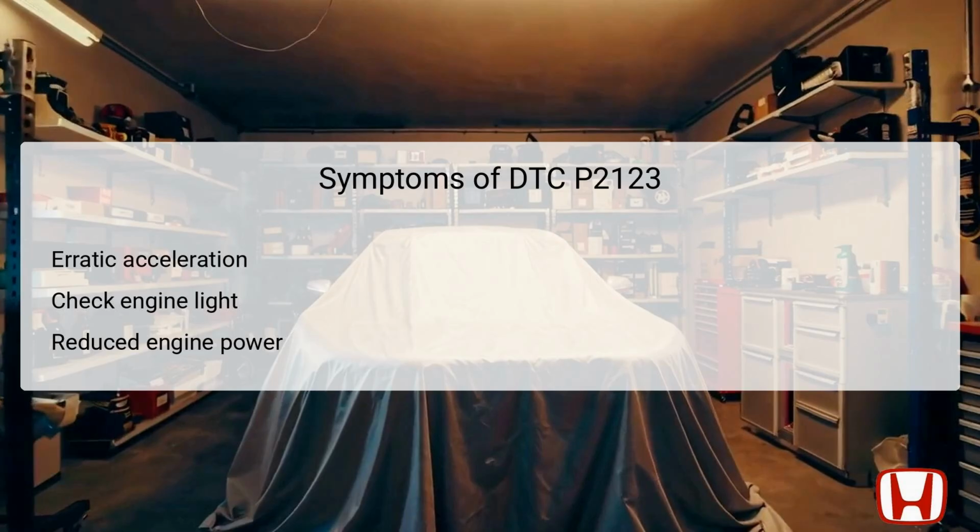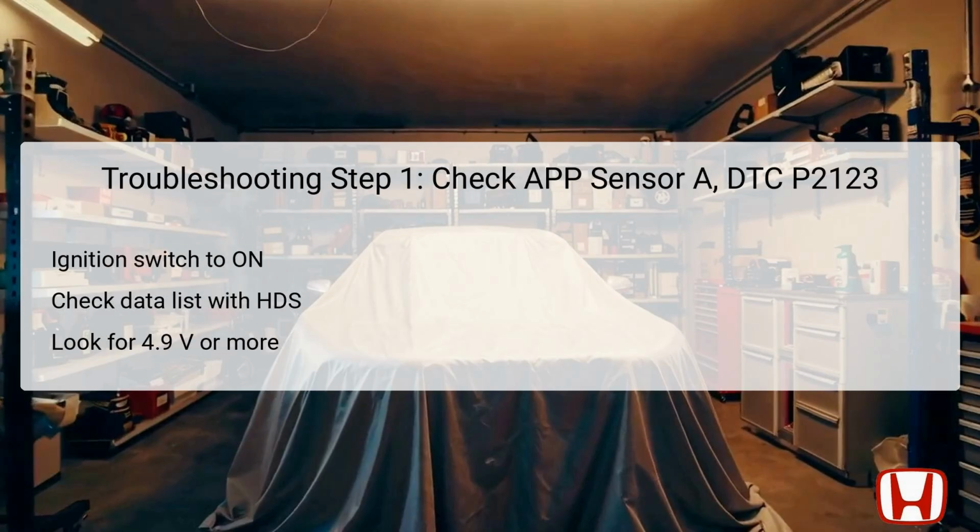For troubleshooting the P2123 DTC, the first step is to turn the ignition switch to the on position, or 2, without starting the engine. Next, utilize the Honda Diagnostic System, HDS, to check the APP sensor A readings in the data list. It is essential to ascertain if the voltage reads approximately 4.9 volts or higher at this stage.